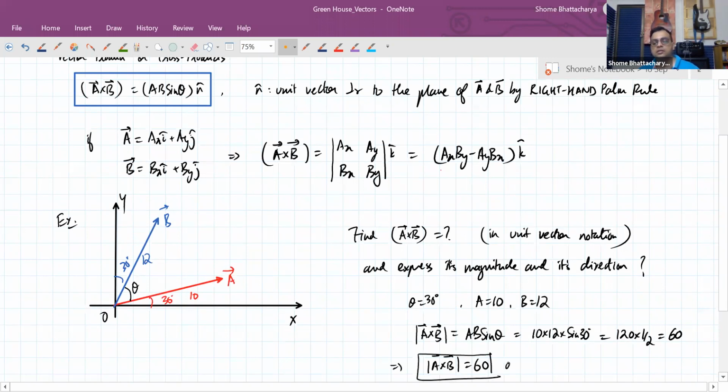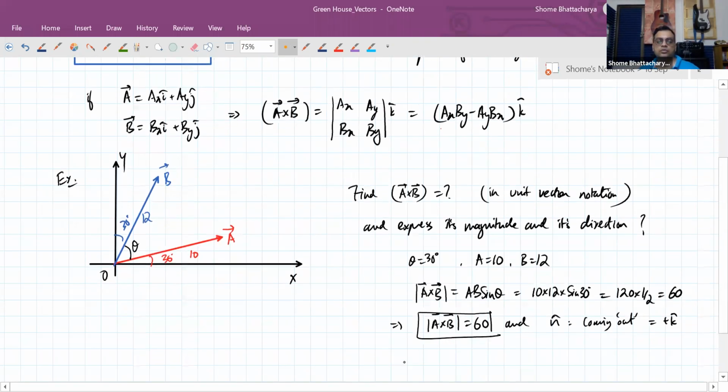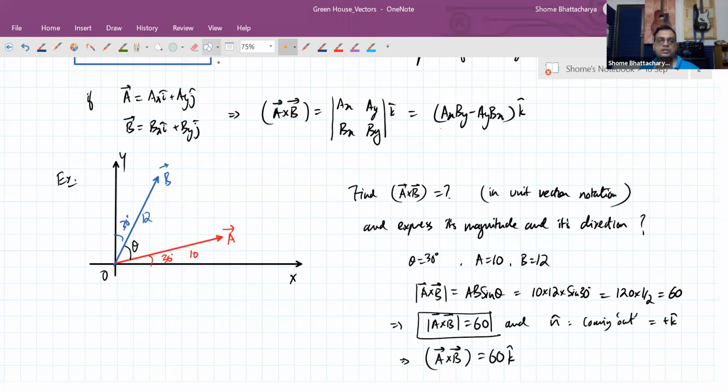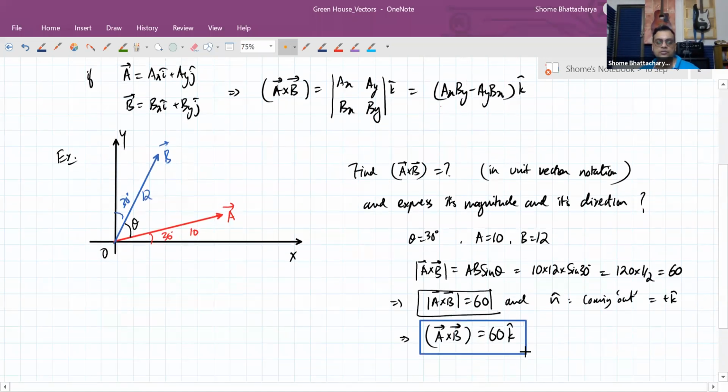And you can see n cap will be coming out of the plane, which in this diagram is plus of k cap. So in unit vector notation, this is 60 k cap. So this is the proper answer to the question. And then of course you can say that its magnitude is 60 and it's coming out of the plane.